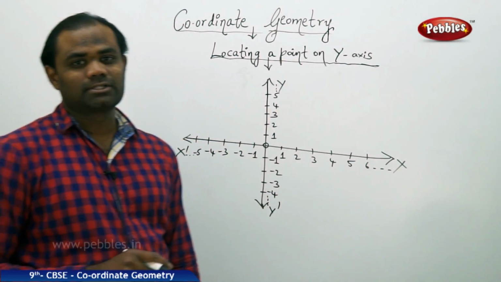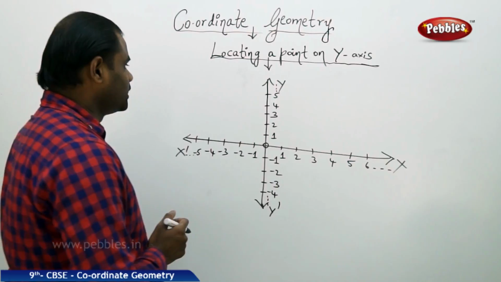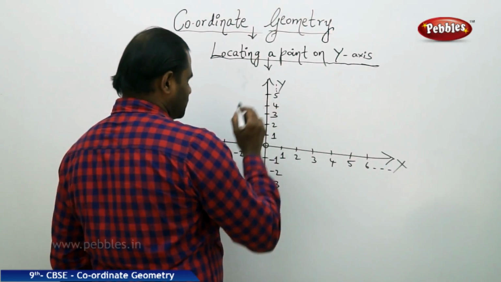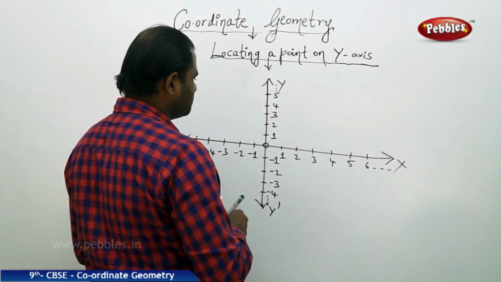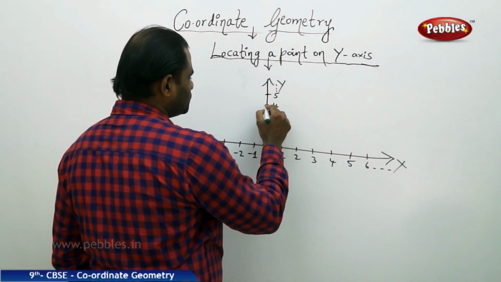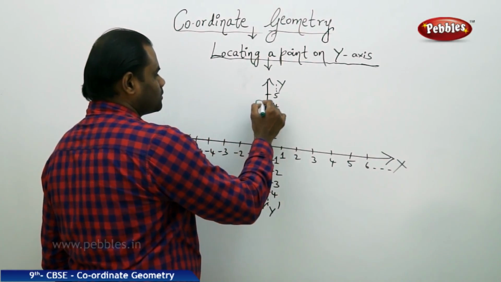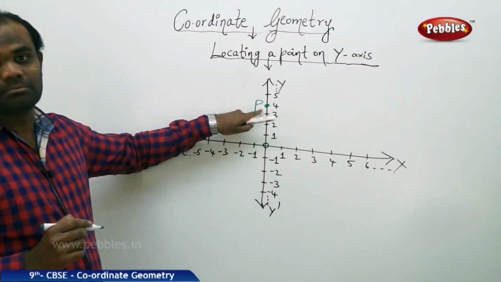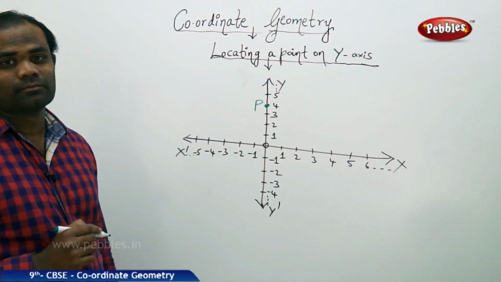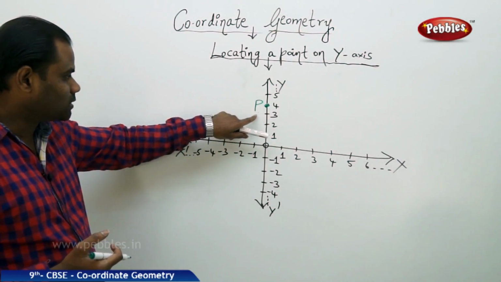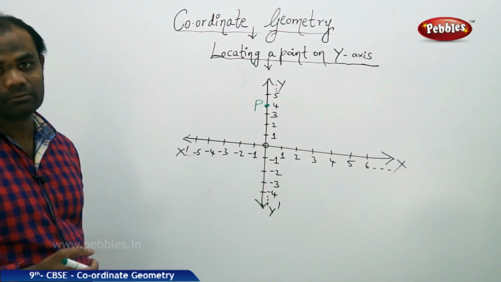Now with this coordinate system, let's see any point I pick on the y-axis. Say for example, I have this point P located at 4. So let's see what would be the coordinates of this point P located at 4.